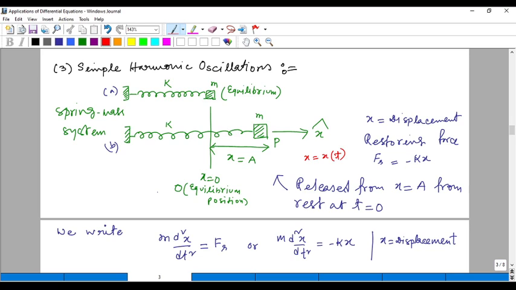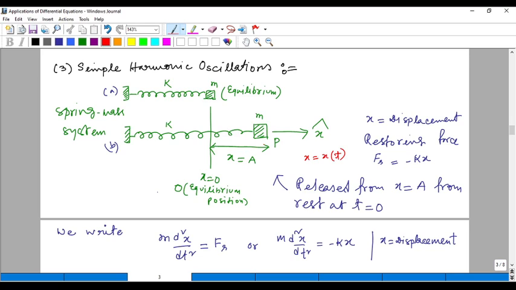Now we have to give the expression of the differential equation in this situation, that is, in this oscillatory motion.